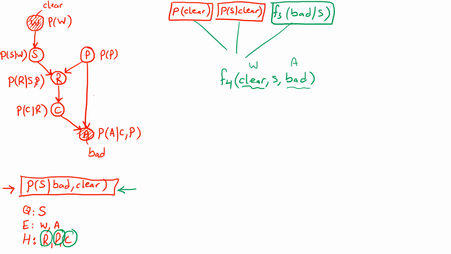Right, selected joint probability. Now, from that table, how can we get this table, which is P of S given bad and clear?